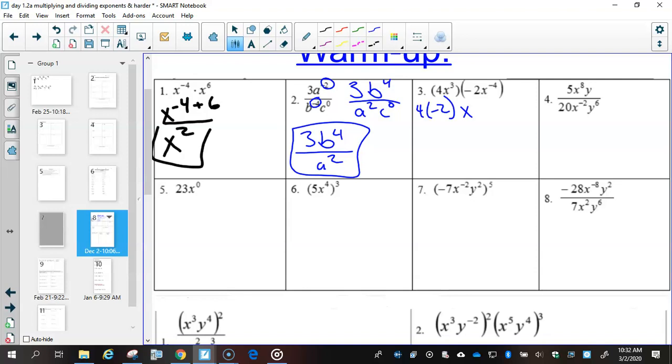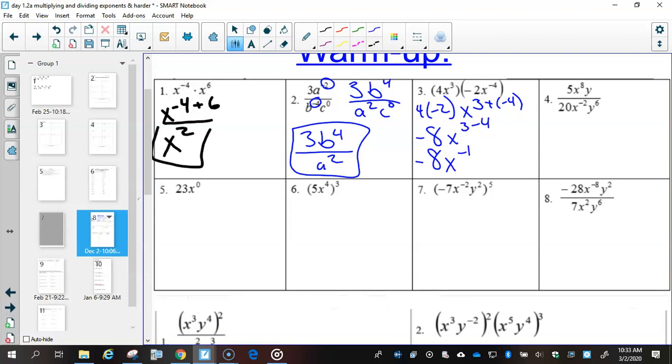Adding them. But in this case, we're really subtracting because we have a negative. 4 times negative 2 is negative 8. This is really x to the 3rd minus 4. So negative 8x to the negative 1.